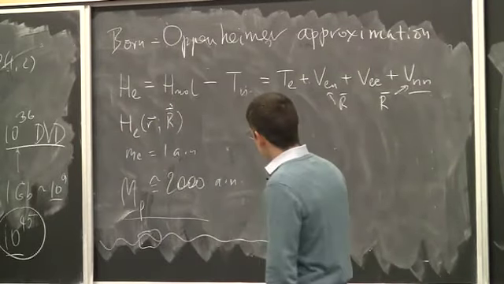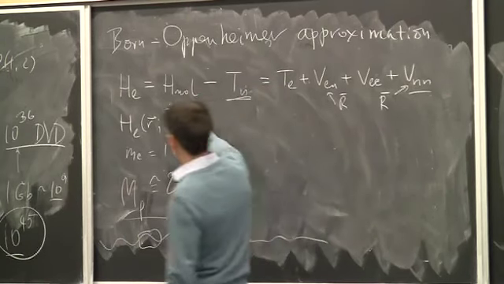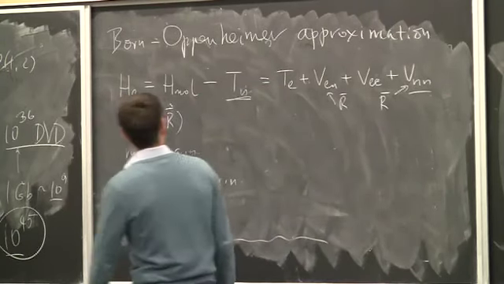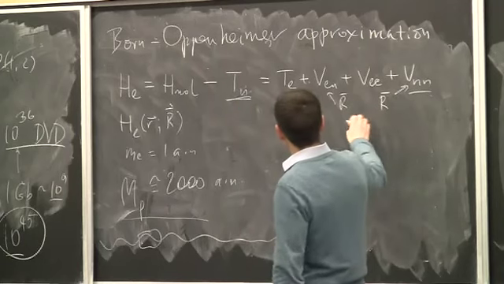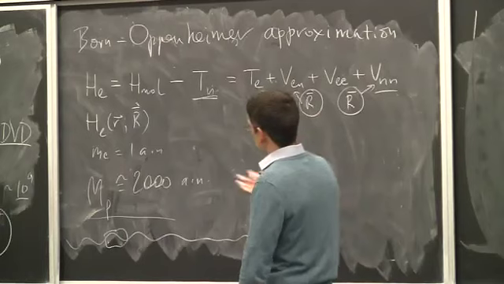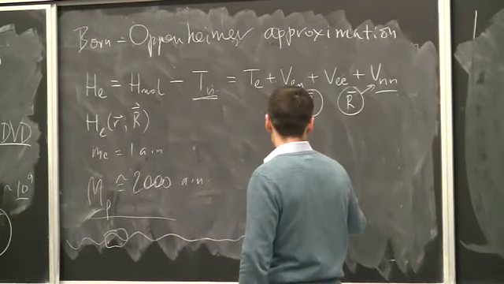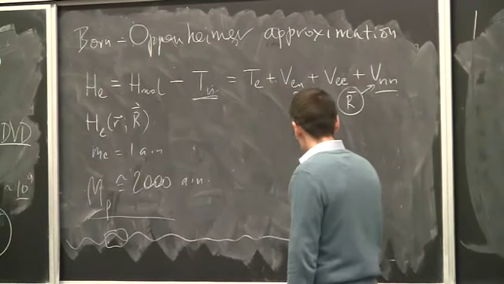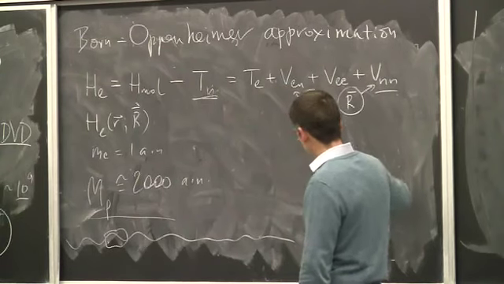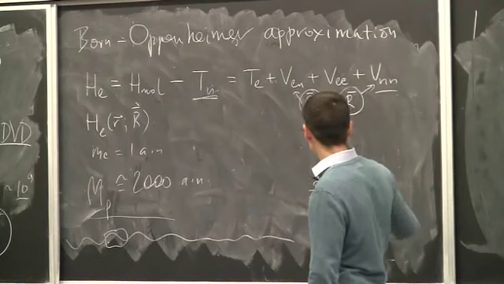Now, the advantage of removing the kinetic energy of nuclei from the consideration is that now we can freeze the nuclear coordinates. Before, in the full molecular Hamiltonian, we had terms like the second derivative with respect to nuclear coordinates, right? That's what was constituting the kinetic energy of the nuclei.